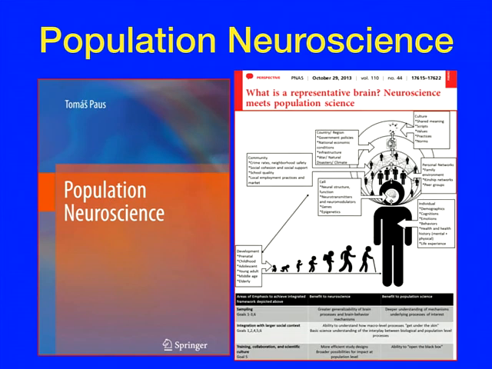I started to learn population neuroscience when I read this paper. Which one is the pointer? The red one? Okay. I read this paper, and it basically says population neuroscience is trying to sort out how genetic and environmental factors affect human brain development, right?